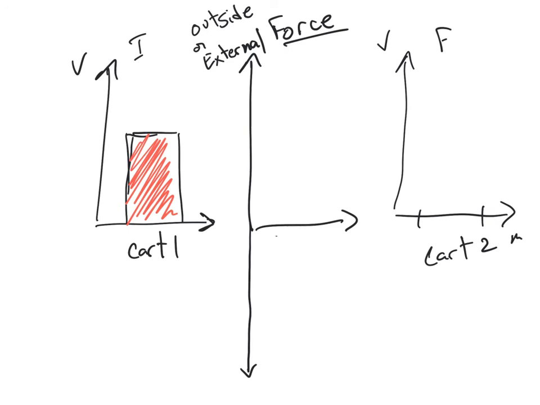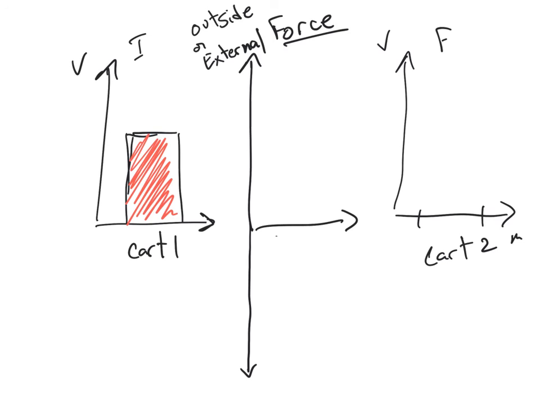Now again, because forces and velocities and accelerations are all vectors, the direction matters. So when cart 1 hits cart 2, it exerts a force on cart 2. Newton's third law at least explains that forces come in pairs.